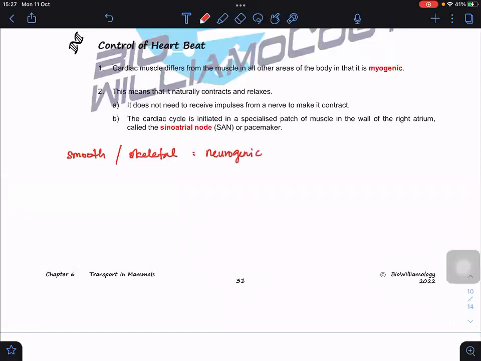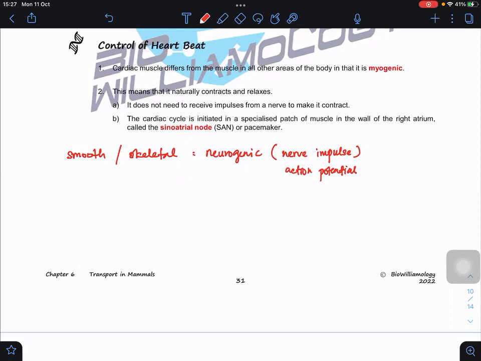Now, what does neurogenic mean? Neurogenic means that they need to have the nerve impulses, or action potential. They only listen to these two, nerve impulses or action potential, so that they can contract, okay?